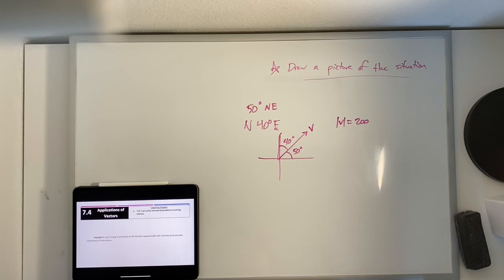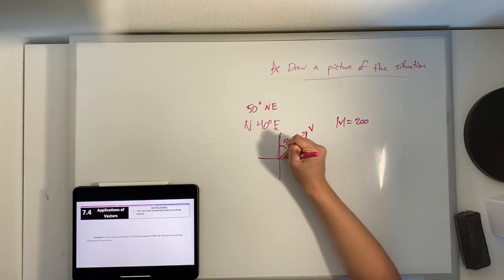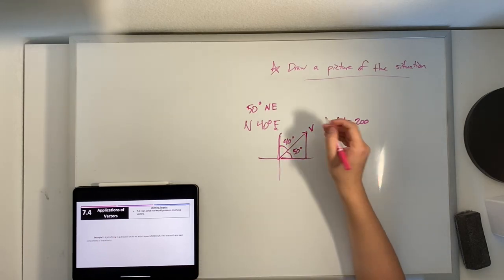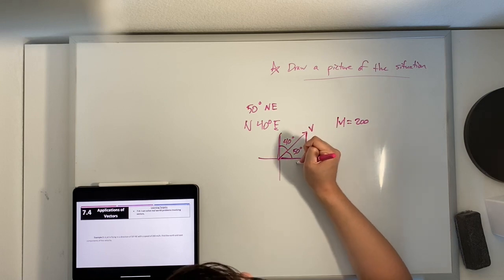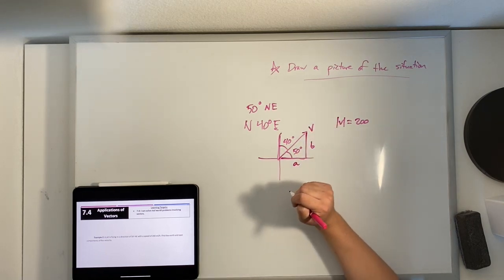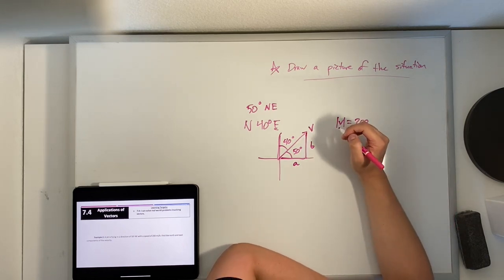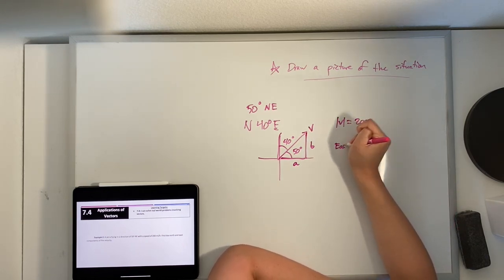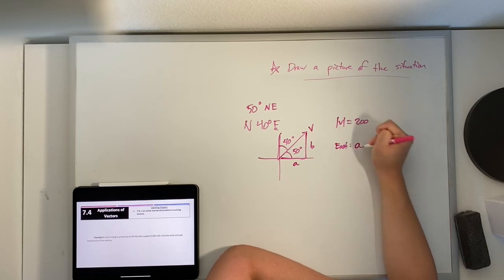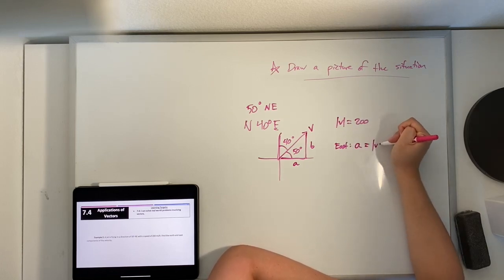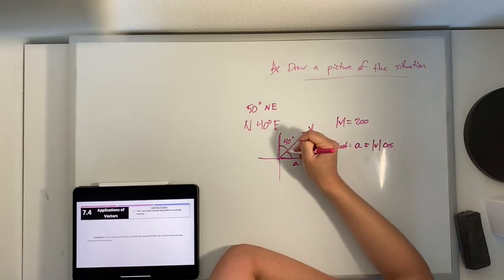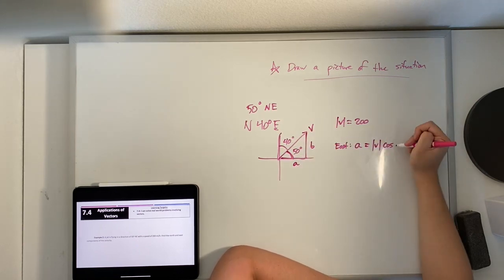Find the north and east components of the velocity. So that's just asking us to find a and b. So our east component is our horizontal component, a, which equals the magnitude times the cosine of this angle, 50 degrees.